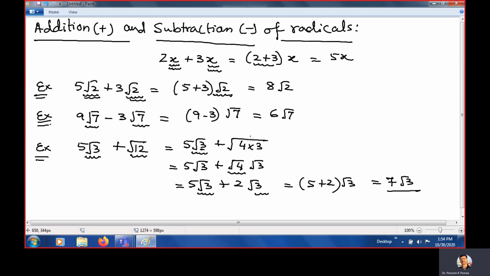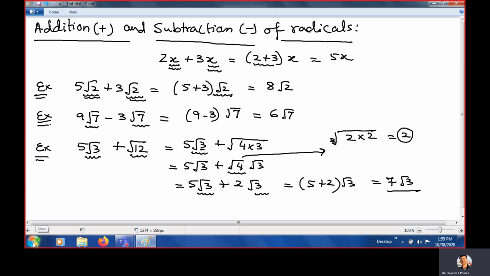This is the answer. If you are confused in this, think about 2 by 2, and here it is a square root, so only one 2 will come out, as I explained in the previous slide. So this is how we can add and subtract two radical parts even though their radical parts are different.